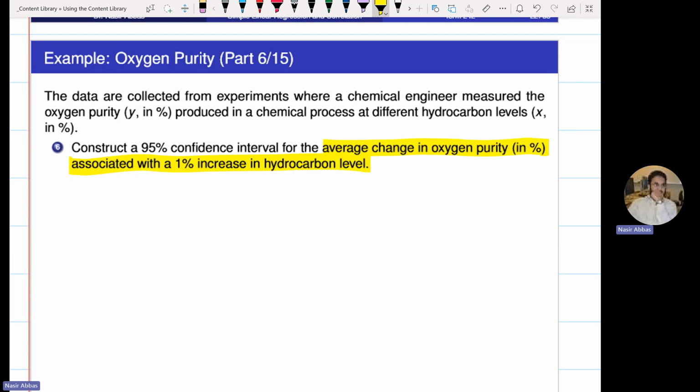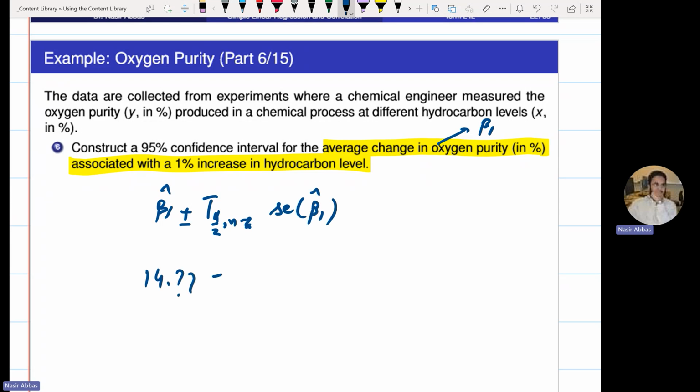Slope. So it is asking you for the confidence interval for beta 1, which is beta 1 hat plus minus T alpha by 2, n minus 2, multiplied by standard error of beta 1 hat. You already have beta 1 hat, 14 point something. Critical value from the T table. Standard error, you just found it in the previous slide. You plug it in, you get the upper limit and lower limit.